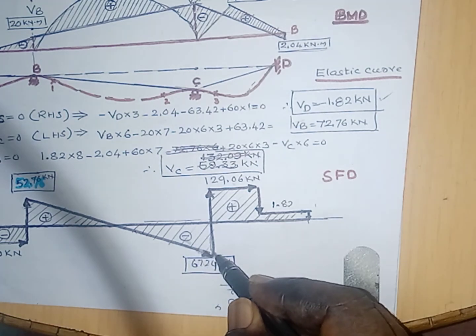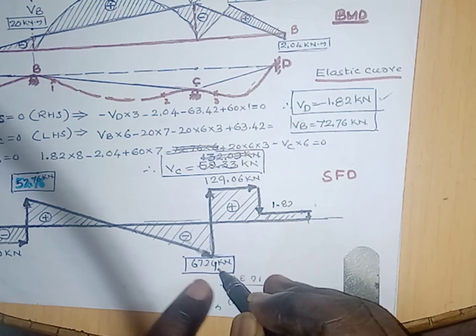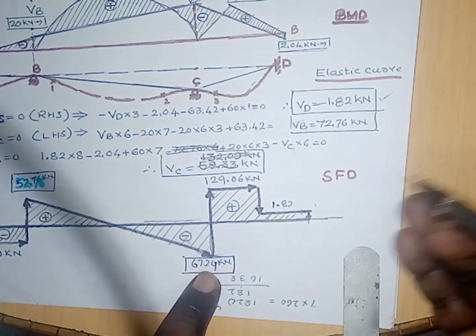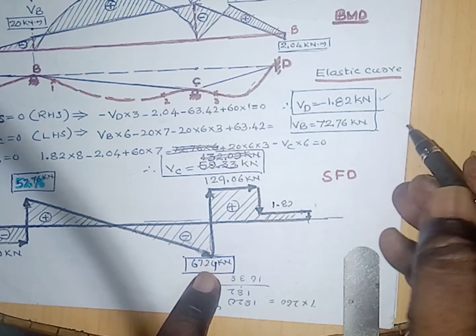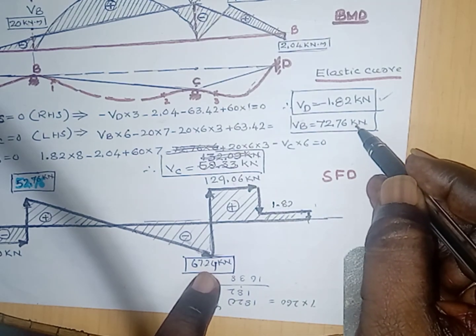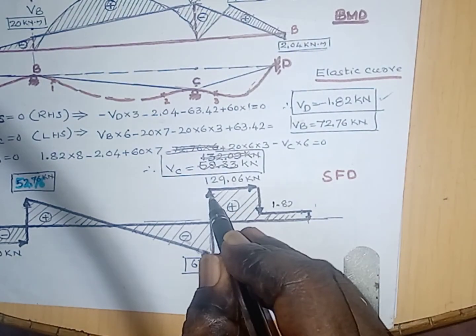Here there is a support reaction, that is 129.06. Therefore minus 67.24 plus 129.06, here you will get the shear force ordinate at this point.